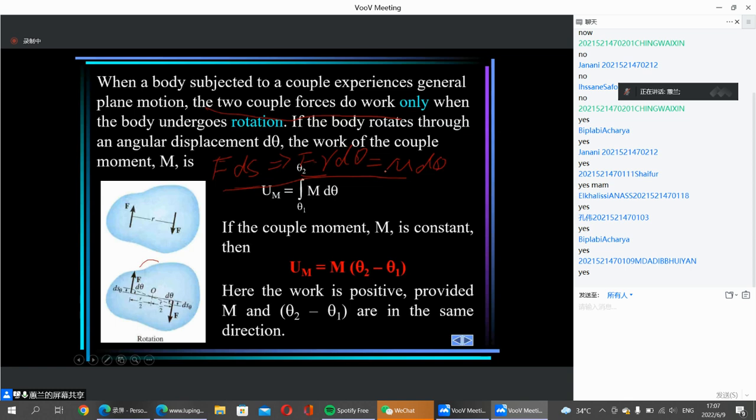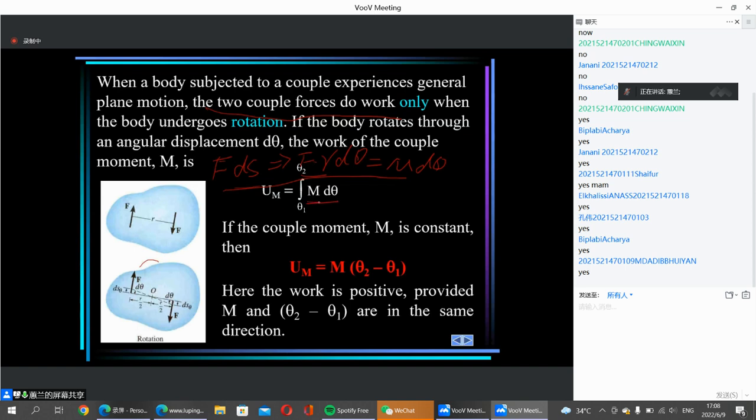That's why we say for a couple, only when the body undergoes rotation, whether pure rotation or general plane motion, the couple does work on the rigid body. The work by the couple is equal to the integral of M d theta.